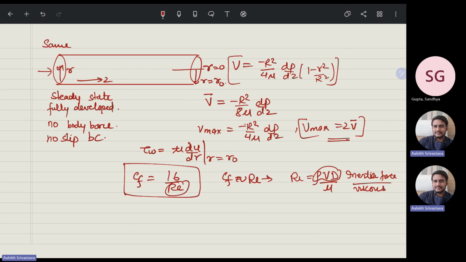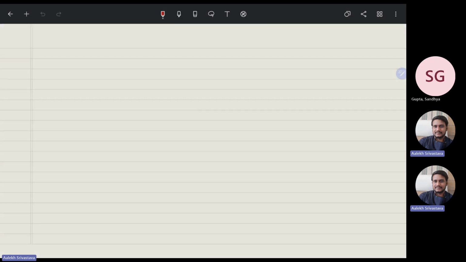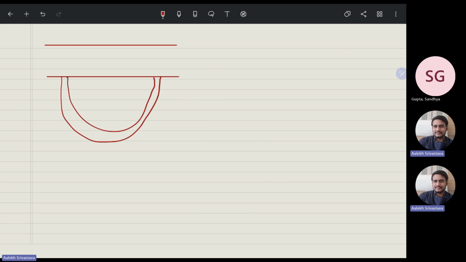So on an experimental basis, what people used to do is, in the long channel, they simply connect a U-tube manometer. So they will get a pressure gradient over a length x. So suppose this is length x. They will get delta P from the reading of the manometer.